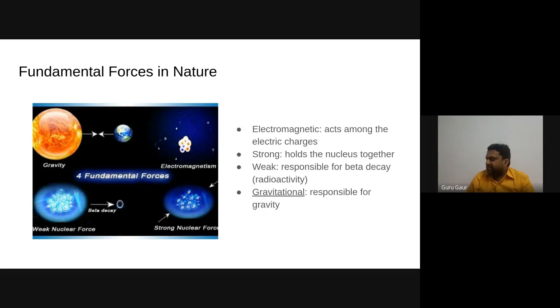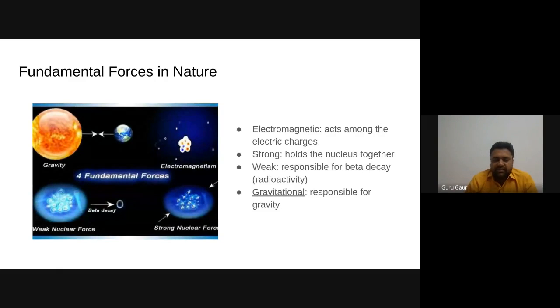We will start with a very simple introductory fact: whatever we see around us is basically a consequence of 4 fundamental forces. In other words, whatever interactions are happening, mainly among particles, are happening because of these forces.